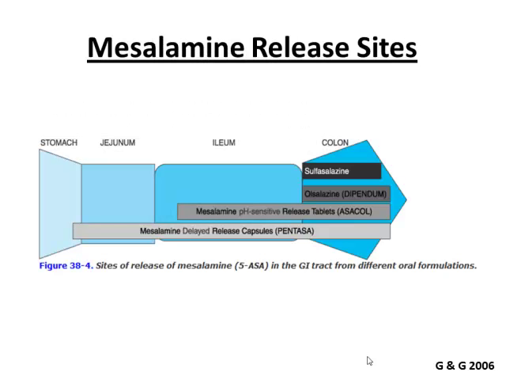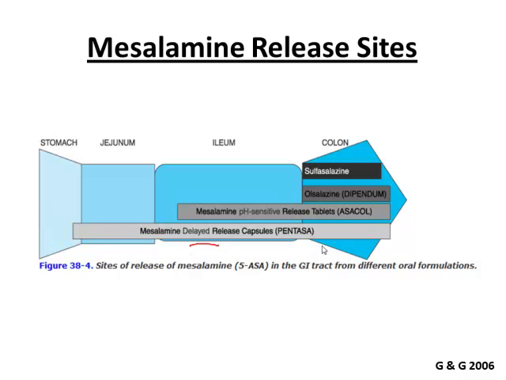This shows mesalamine release sites once again. It's given as a prodrug, and you'll give it depending on where the problem is. You give a different type of release drug.